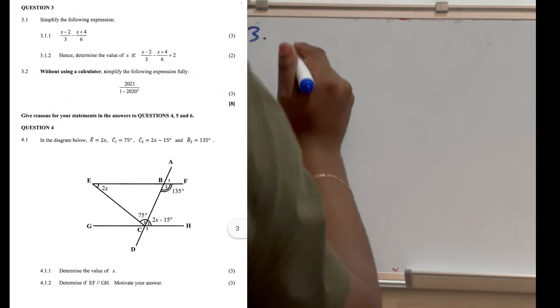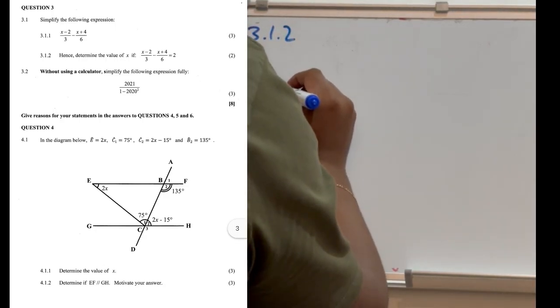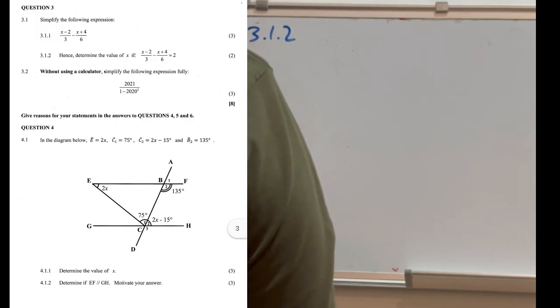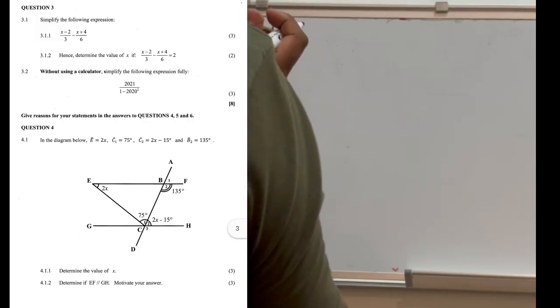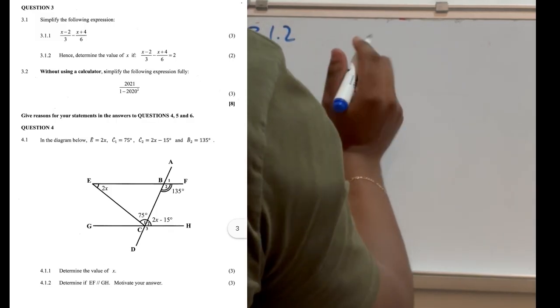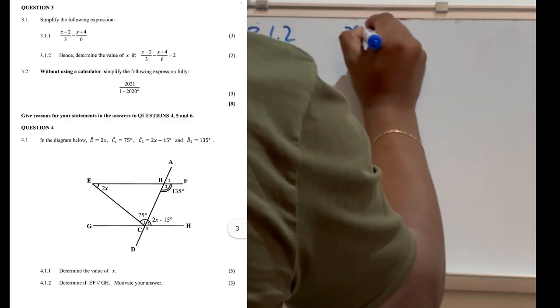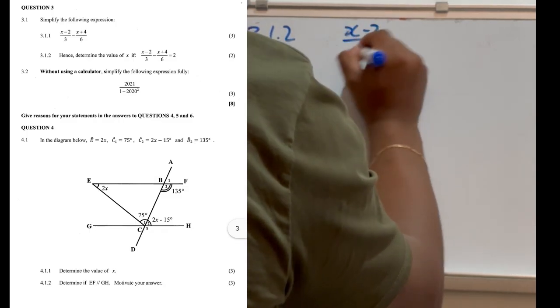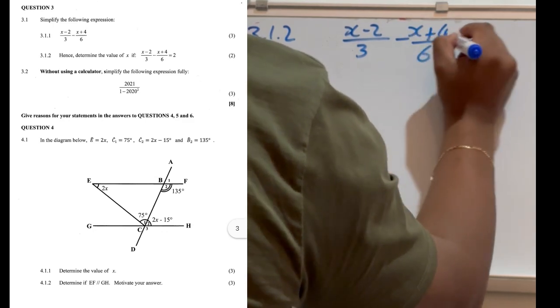3.1.2. We say now we need to determine the value of x. That was x minus 8 over 6. So you can basically say that is (x minus 2) over 3 minus (x plus 4) over 6 equal to 2.